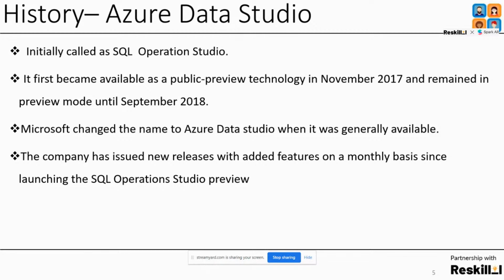It was in that stage till 2017, and when they released it, they changed the name from SQL Operations Studio to Azure Data Studio. Since the release, every month they update or launch new releases as well.